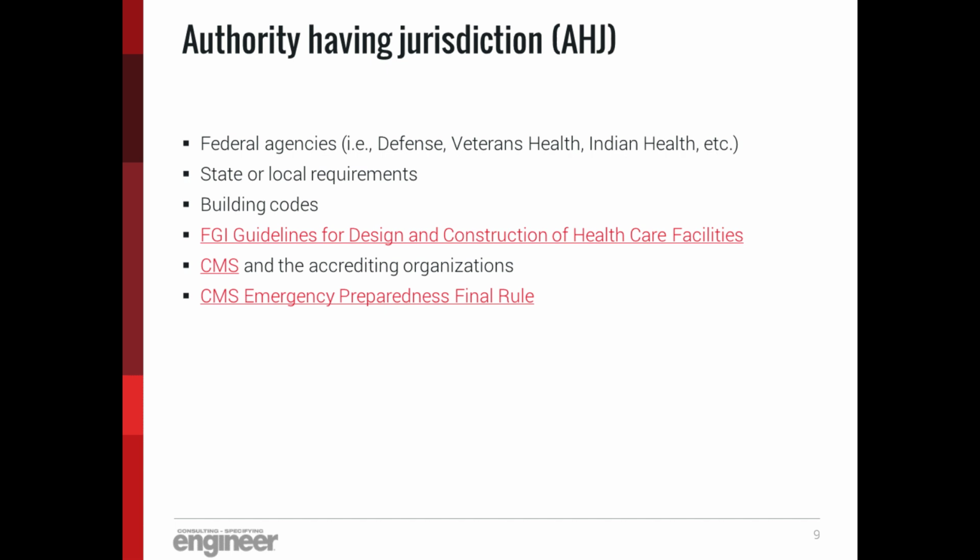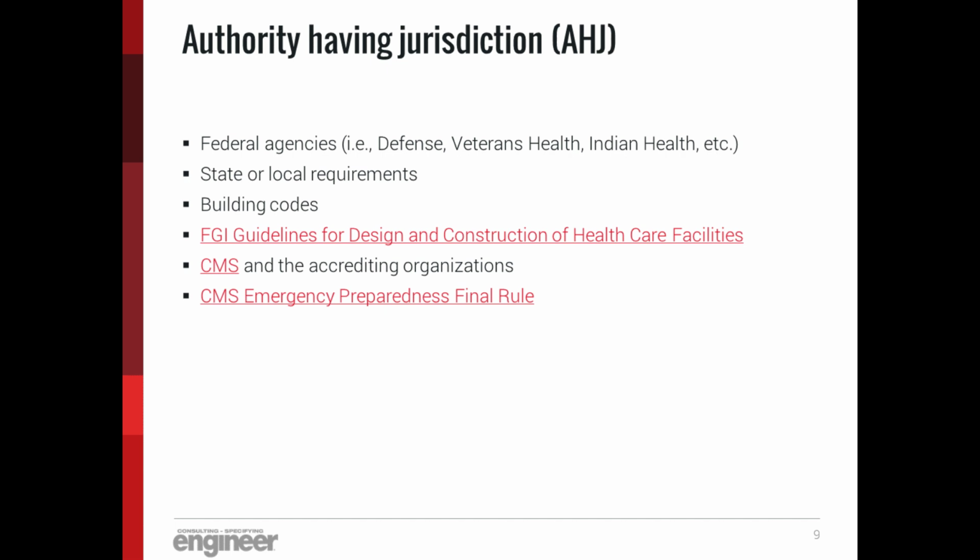The state and local authorities having jurisdiction, depending upon the state, depending upon the locality, sometimes adopt their own versions of the codes and standards. And because the codes and standards are not documents that stay the same, most follow what CMS adopts, simply because it's easier.